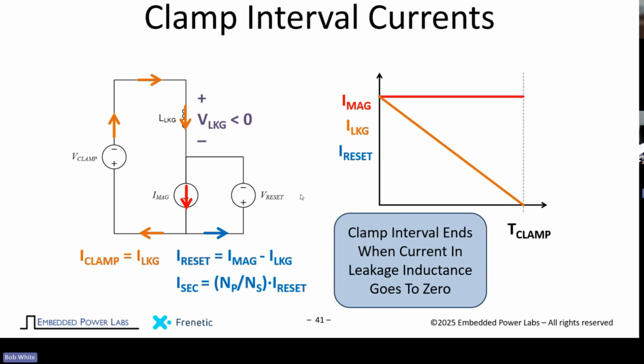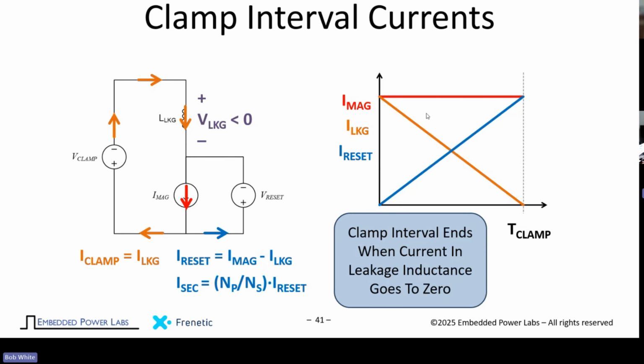So during that time, if we just look at this node here, this current's constant, this current's decreasing, this current is increasing until it reaches the magnetizing current. And at that point, the magnetizing current is circulating through that ideal transformer, and we're transferring the energy to the secondary.